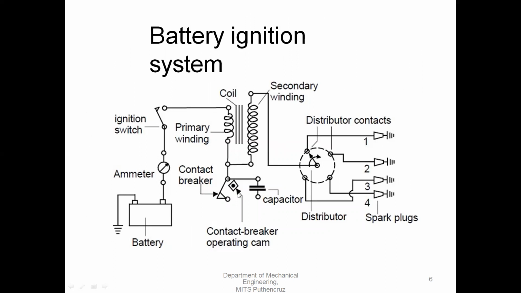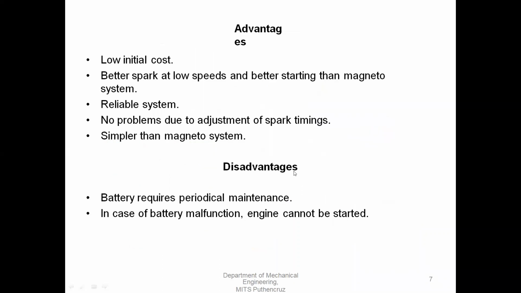This is the circuit analysis of the battery ignition system. You can see the battery is connected to the ammeter, and the ammeter is connected to the ignition switch and the primary winding and contact breaker. There is a coil arrangement, and the contact breaker is connected to the secondary winding, which is attached to the distributor and the spark plugs. These are the components of the battery ignition system.